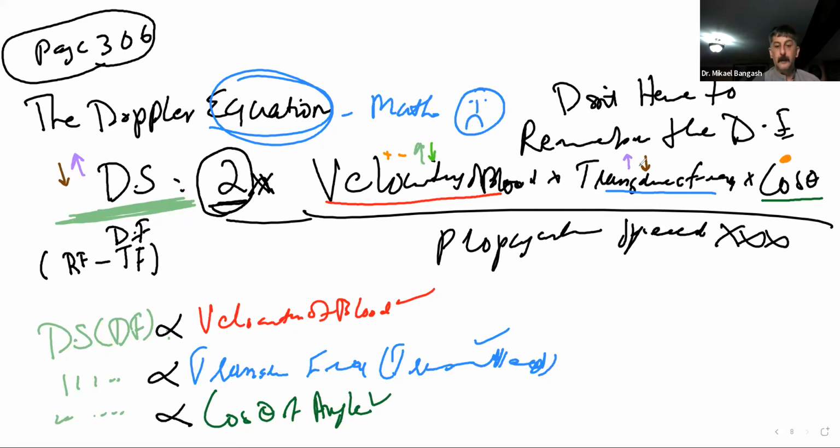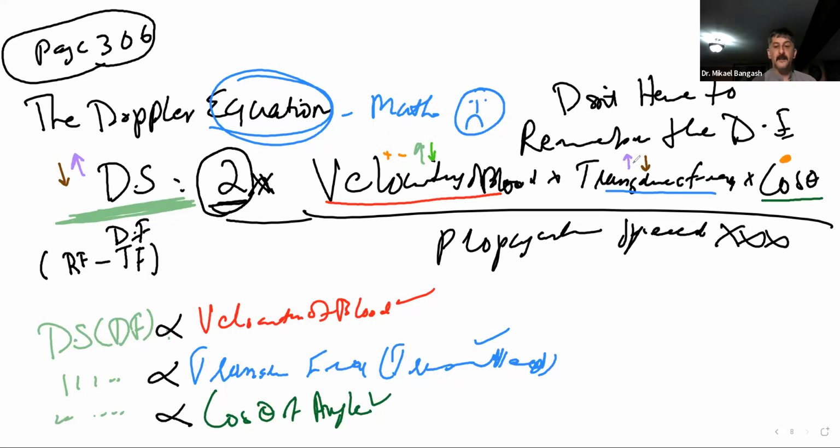But here, all these 3 factors: whether it's the velocity of blood, or we can say the speed of blood, the faster the blood is moving, it's just going to give you a greater or lesser Doppler shift.